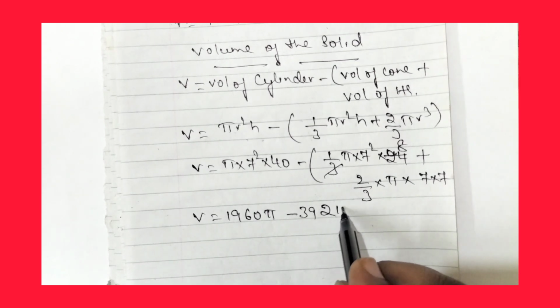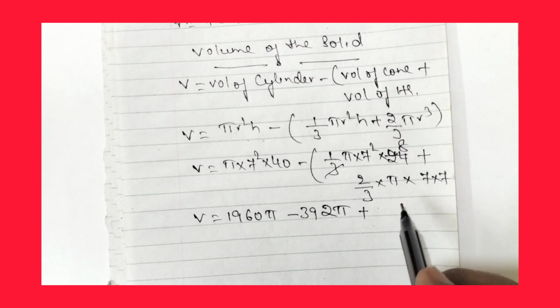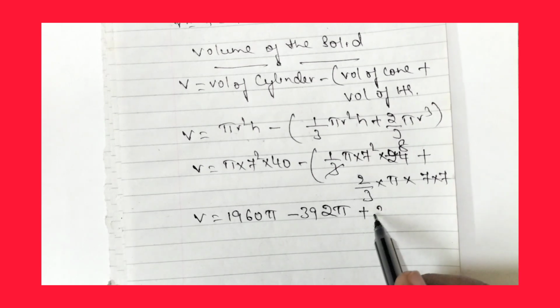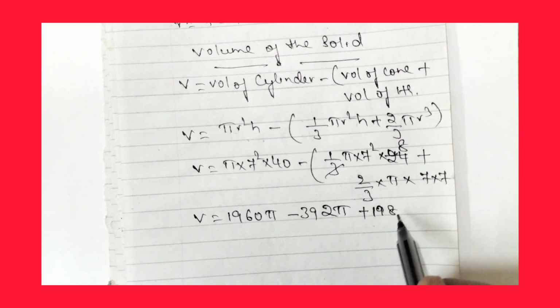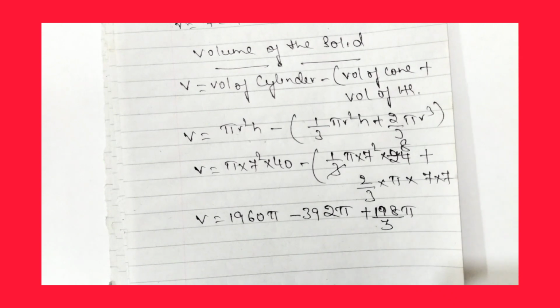So 392 pi, plus 2 pi r cube, that is 7 sevens are 49, 49 into 2 will become 98 by 3 pi.